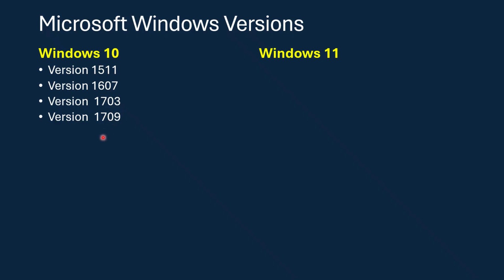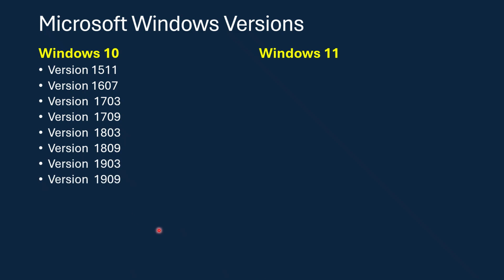So this was the case in Windows 10, that Microsoft released two versions in a single year, in the first half of the year and the second half of the year. Now this continued for 1803, 1809, 1903, 1909.